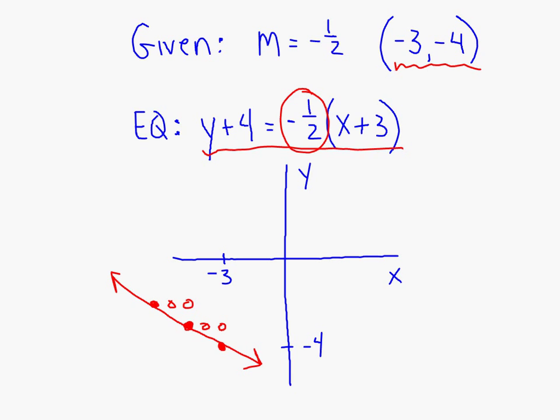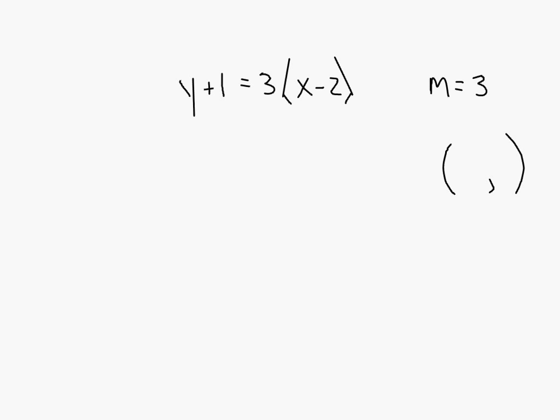Alright? If you were given a line, what if you were given this equation for a line? Say you're given that and you're asked to graph it. What's the slope of this line? It's 3, isn't it? And what's a point on the line? 2 and negative 1.